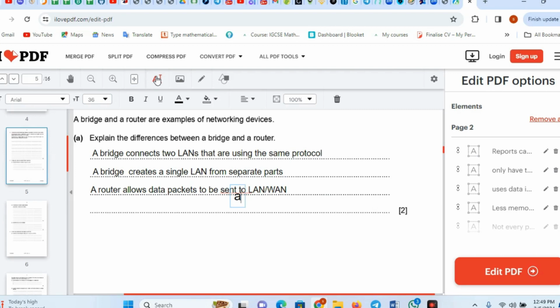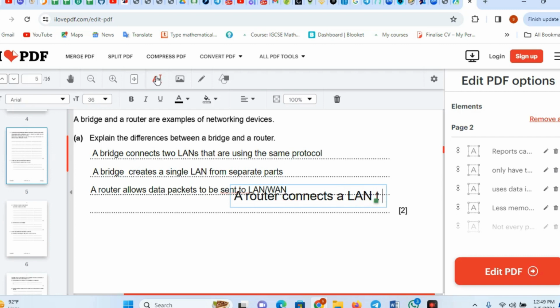A router connects what? A router connects a LAN to what?